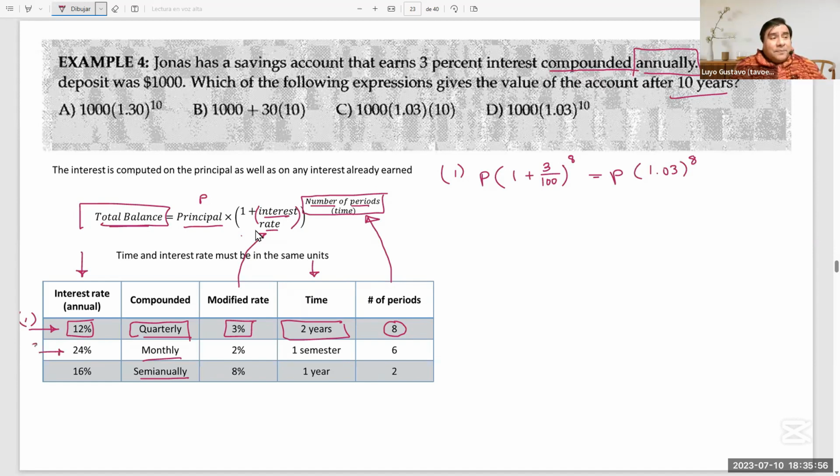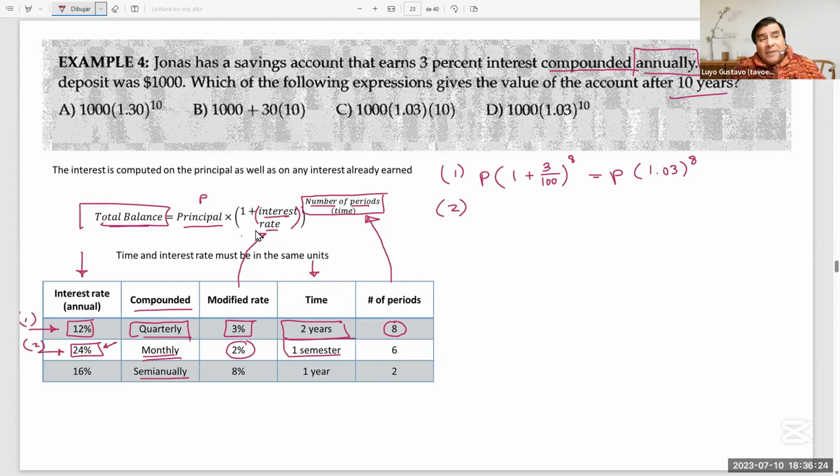Second example, if you have an investment amount set to earn interest at a rate of 24% annually, but compounded monthly for a duration of 1 semester, then you need to do this. First, using this annual rate, calculate a modified monthly rate. Divide 24 by 12, you get 2.